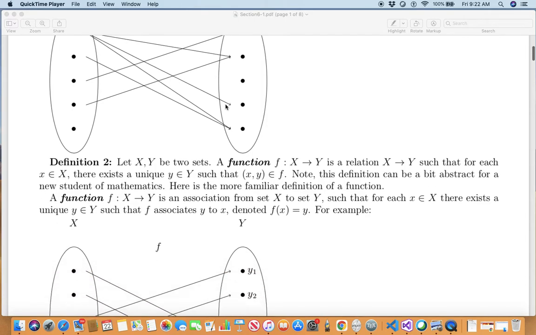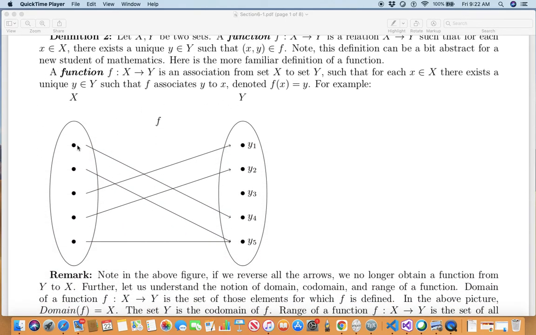That's not okay anymore. Every element on the left must have only one element on the right to be associated with. This element is associated to y5. This element is associated to y1. This element is associated to y2. So everyone must be associated to someone uniquely, right?